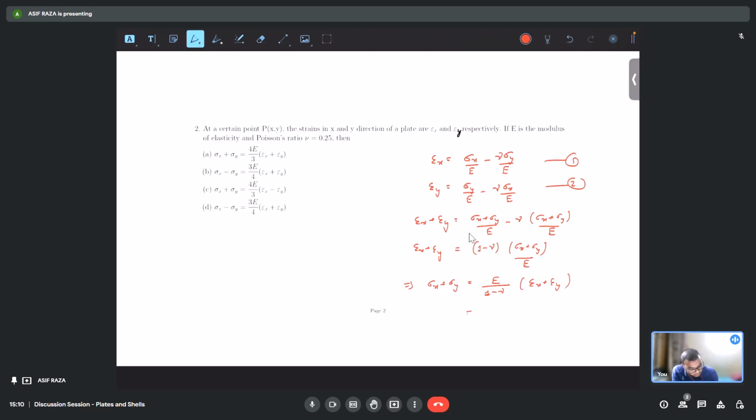So this gives us E upon 1 minus nu, where nu is given to be 0.25. So this gives us 0.75, then this would be 4E by 3 times epsilon x plus epsilon y.